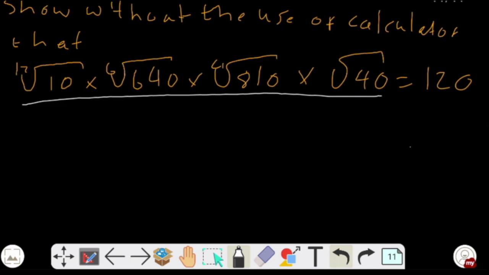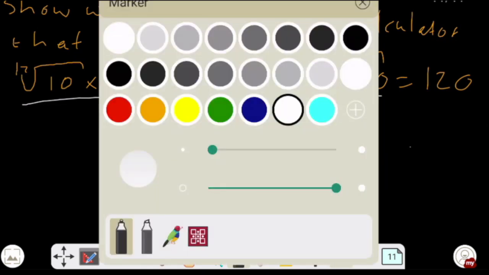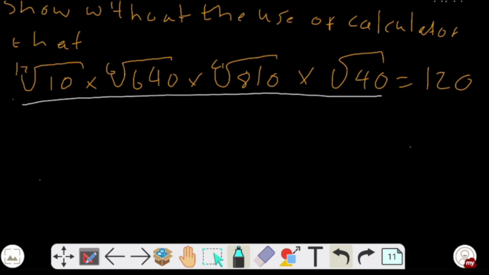Now the first step, I'm going to write this portion as 10 to the power of 1 over 12, right?